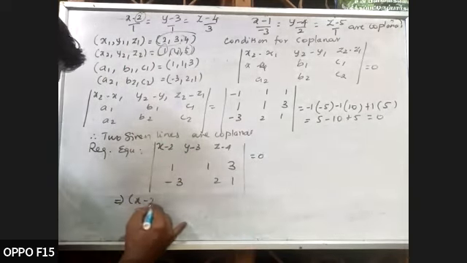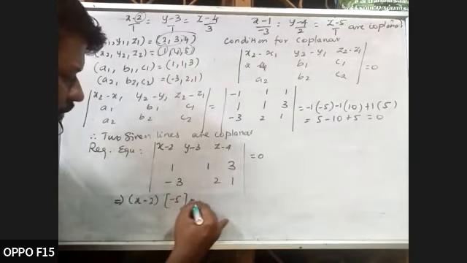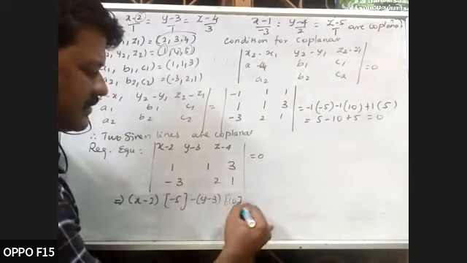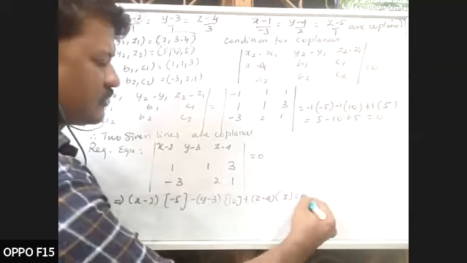Therefore, (x minus 2) into minus 5, minus (y minus 3) into 10, plus (z minus 4) into 5 equals 0.